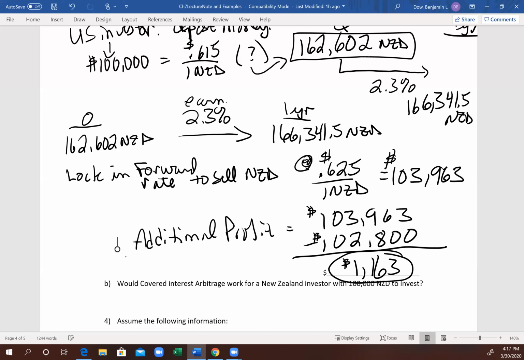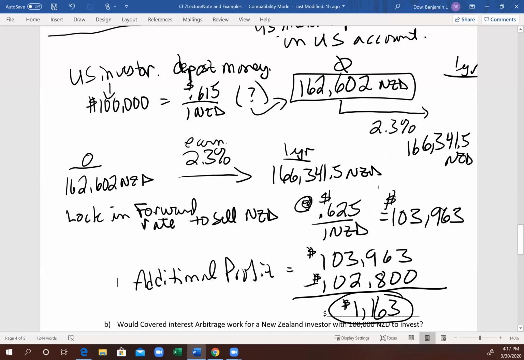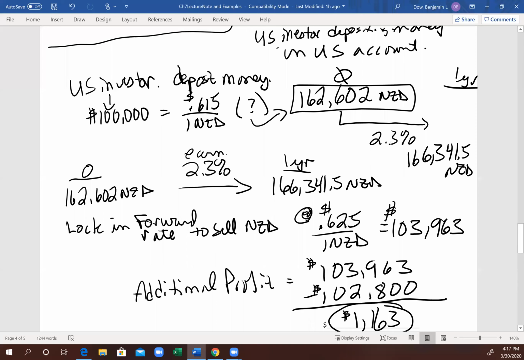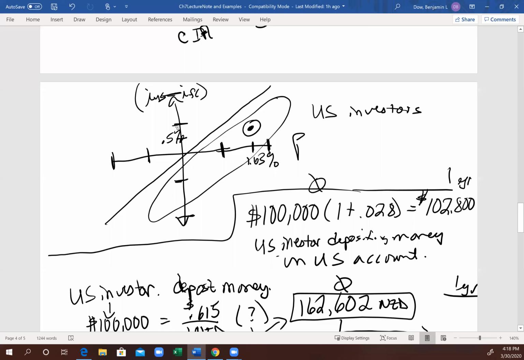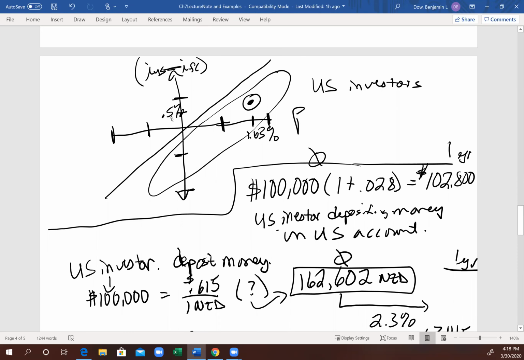The reason that he's got a profit is because if you look at this line, the difference in interest rate was only 0.5%, or what we call 50 basis points. So he is only giving up a 50 basis point difference in interest rates to pick up 163 basis points, or 1.63%, in terms of the currency appreciation.